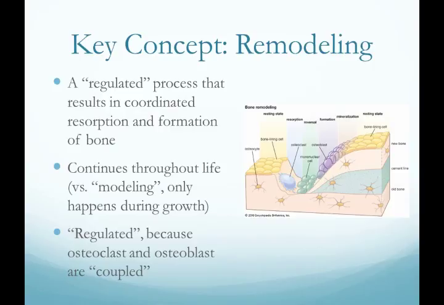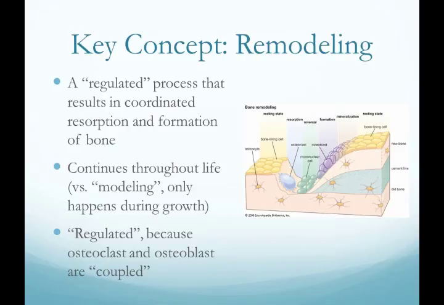Another important concept to remember is that remodeling continues throughout life. As I mentioned, one of the important functions of remodeling is to repair damage. So, just wear and tear. You're walking around, you get little fractures and micro damage to your bone. There should be a mechanism to repair it, and this is the mechanism.